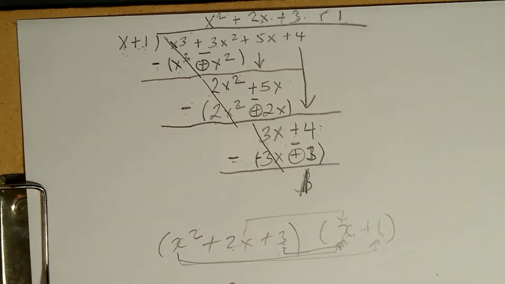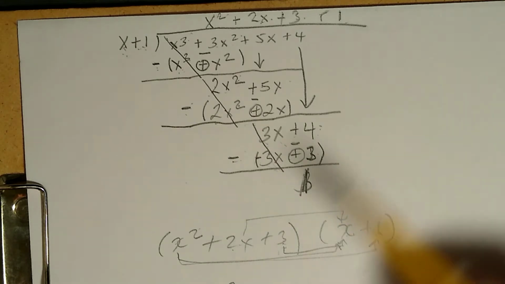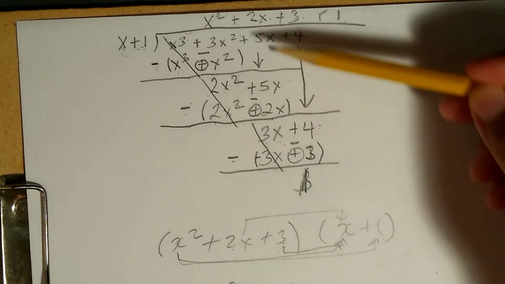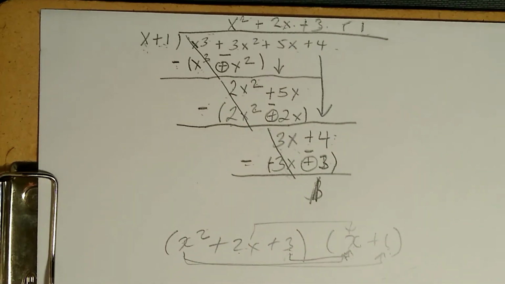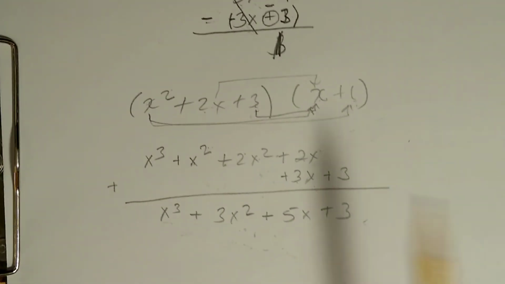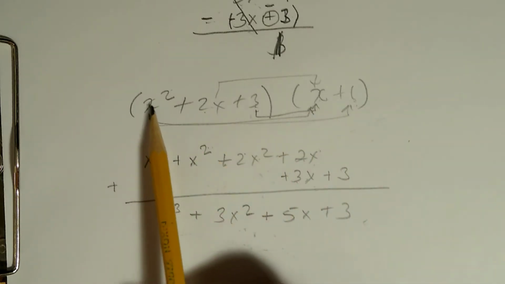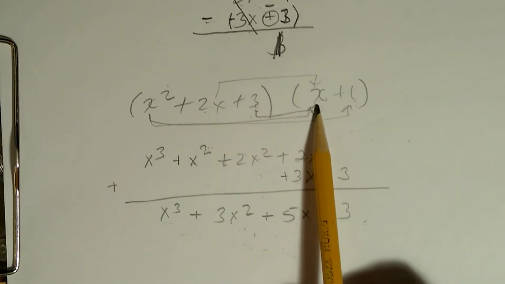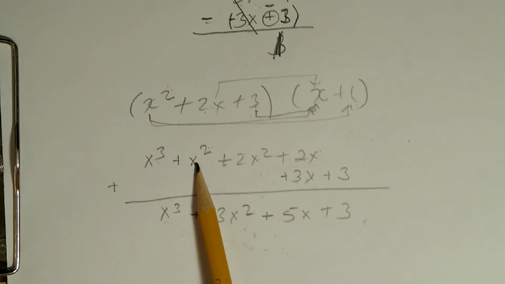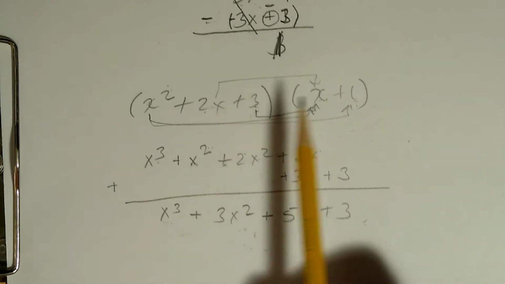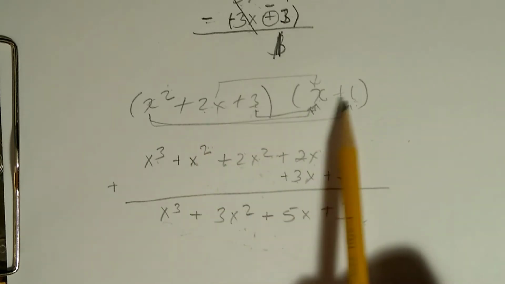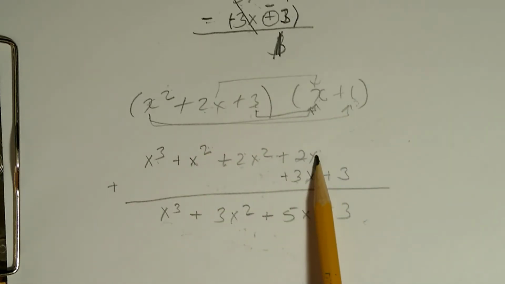Now we have a remainder of 1. The equation reads x cubed plus 3x squared plus 5x plus 4. Here we have 3. Once again, we did the FOIL method here. We did x squared times x will give you x cubed. X squared times 1 will give you x squared. 2x times x will give you 2x squared. 2x times 1 will give you 2x.